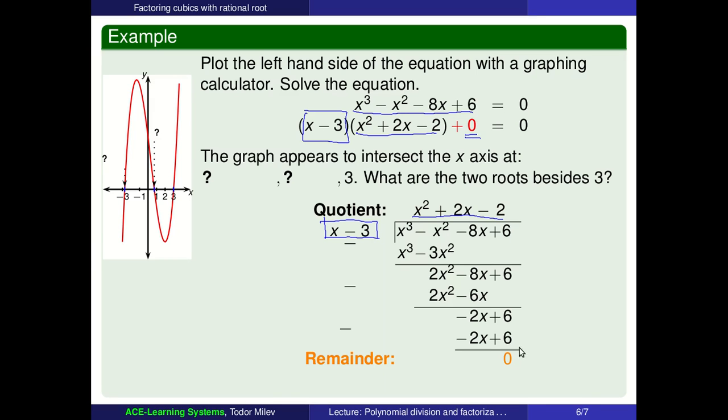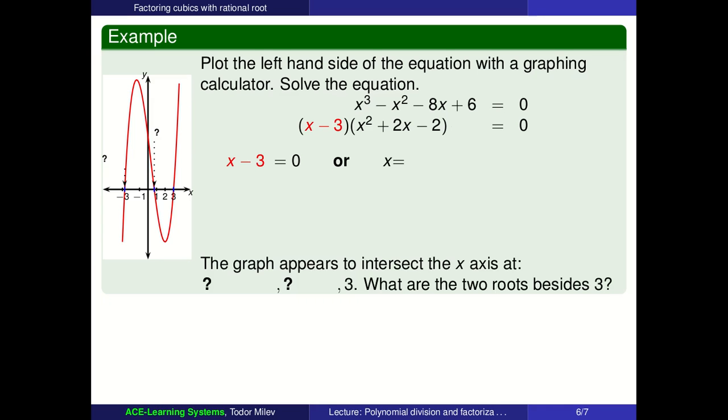Right, and the remainder is 0. So that's our remainder here. So x cubed minus x squared minus 8x plus 6 is equal to x minus 3 times x squared plus 2x minus 2 plus 0. Alright. We can remove the plus 0. So we have in fact factored our cubic.